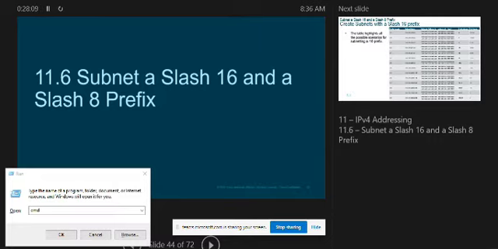So we're just going to start with a class C. So we know that that's the default mask on a class C. And I'm going to change all these things to the same color.